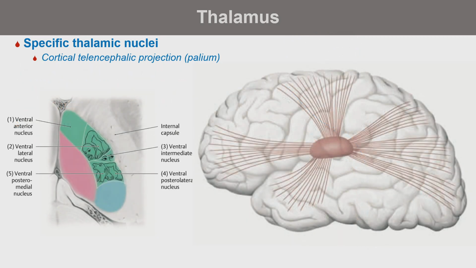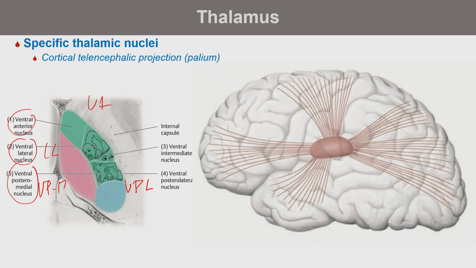The projection of the thalamus, specific nuclei. Those specific nuclei are in the lateral part. So it's the ventral anterior, ventral lateral, ventral posteromedial, and ventral posterolateral. What is their function?